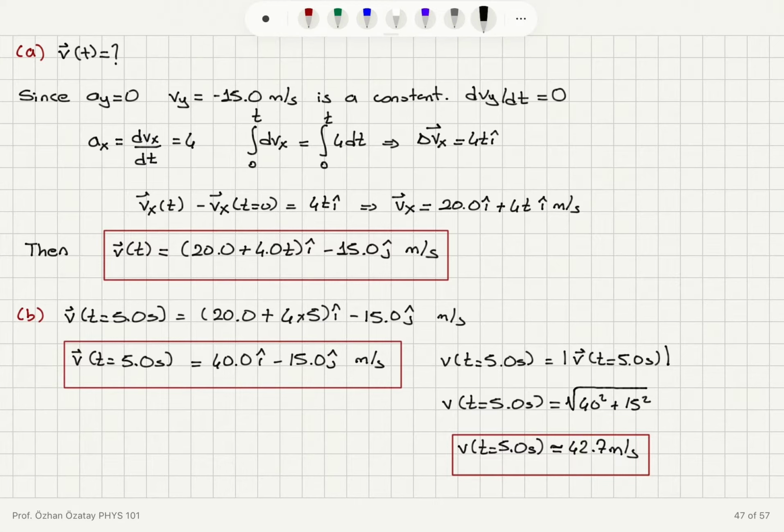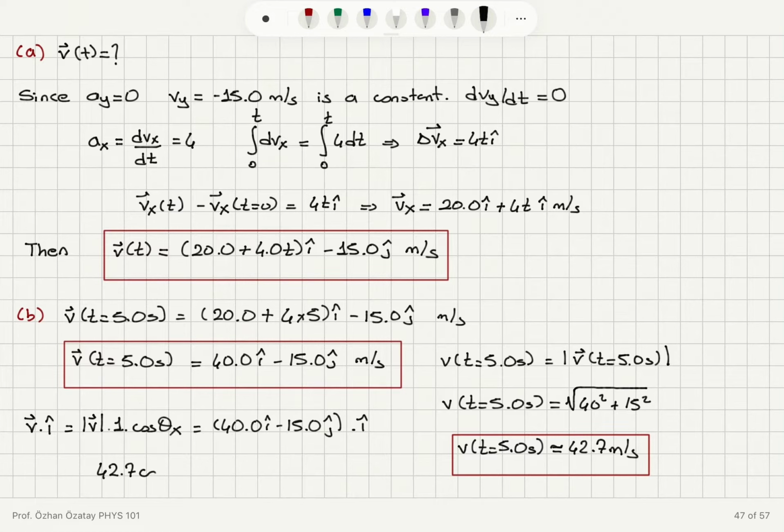Now the angle the velocity vector makes with the x-axis can be found by taking the dot product with i hat. It's the magnitude of the velocity vector, the magnitude of i hat which is 1, and cosine theta with respect to the x-axis. So this is 40 i hat minus 15 j hat dotted with i hat, and the magnitude is 42.7.